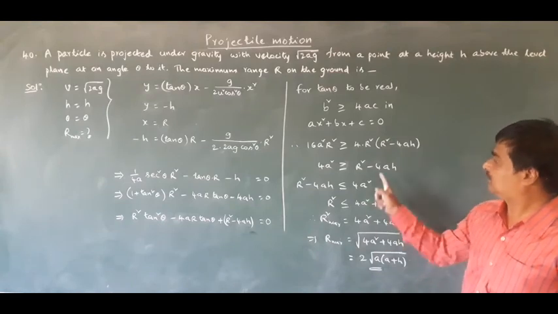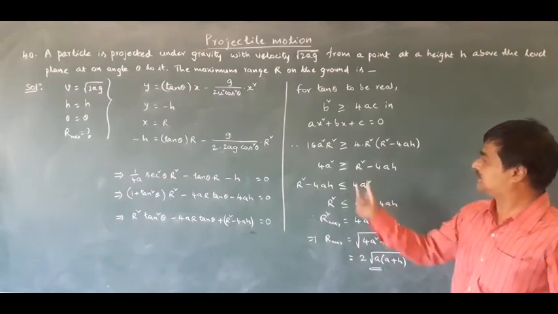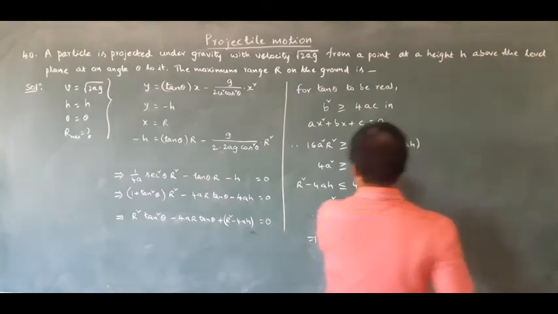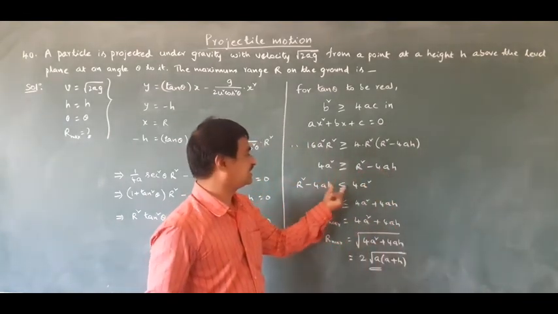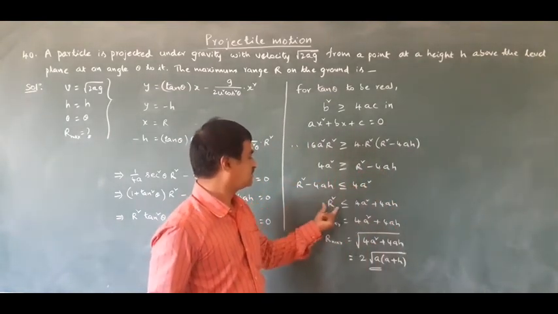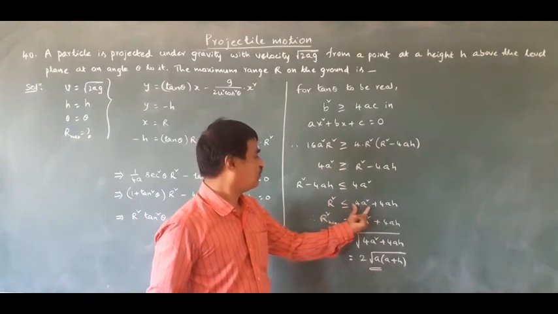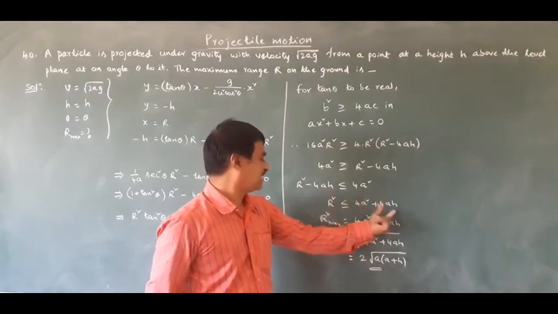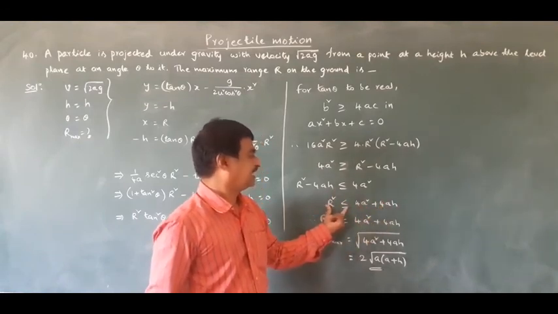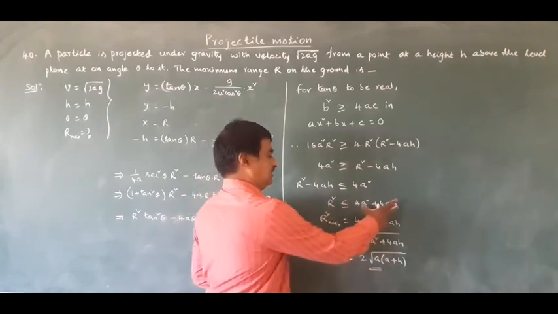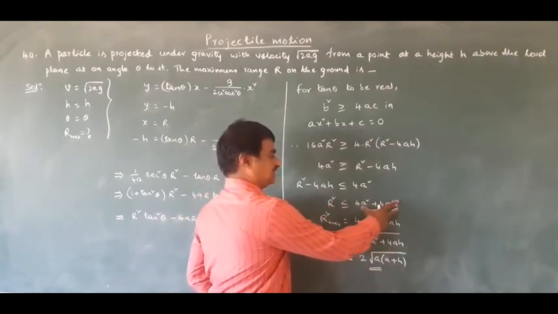Then we concentrate on this one. We can write r square minus 4ah is less than or equal to 4a square, or r square is less than or equal to 4a square plus 4ah. That is the maximum value.